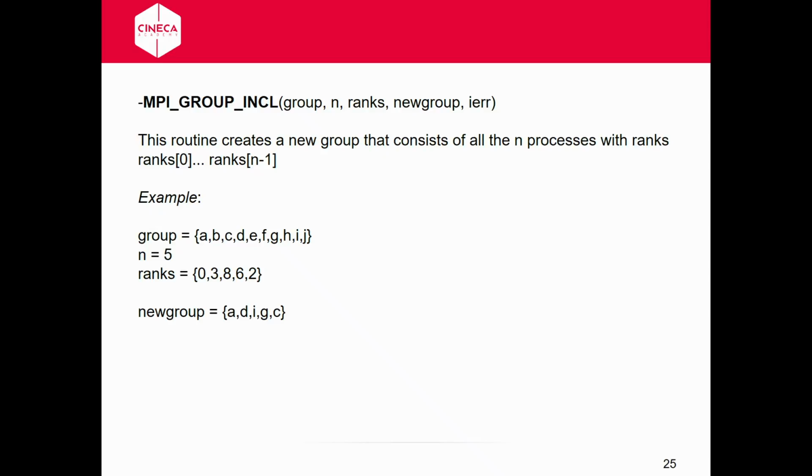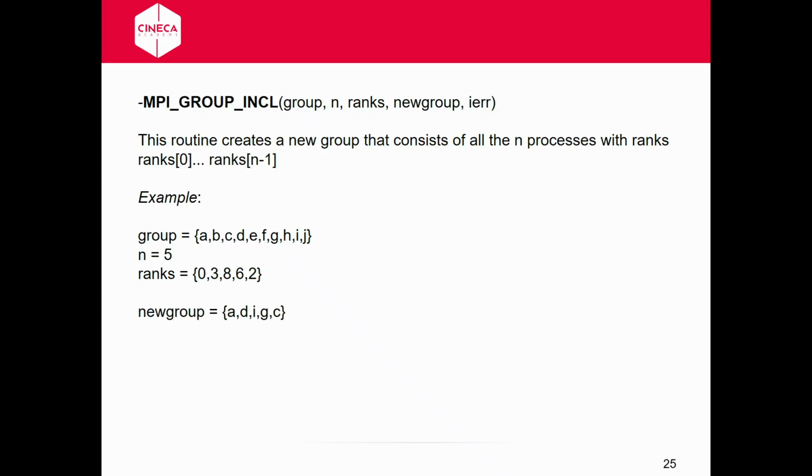And we have an example. Imagine that we have a group that starts from A and arrives to J. Imagine that we want to create a new group of 5 elements, with these ranks: 0, 3, 8, 6, and 2, ordered following this order.